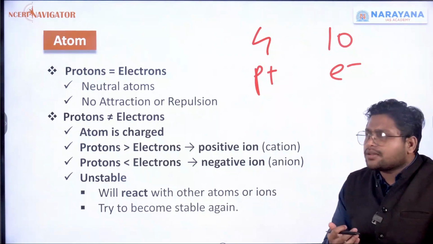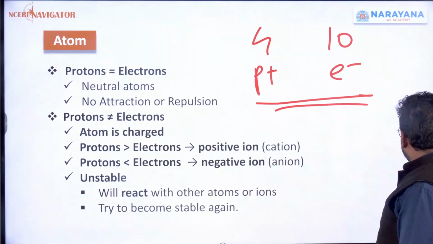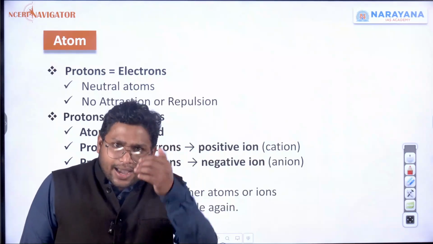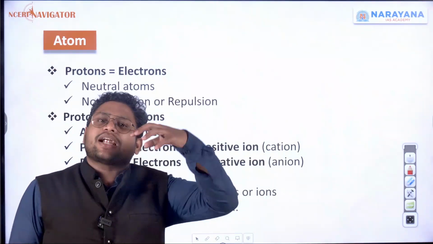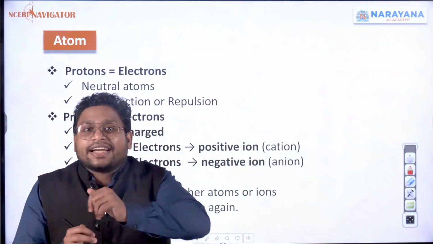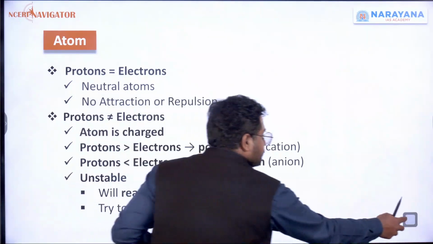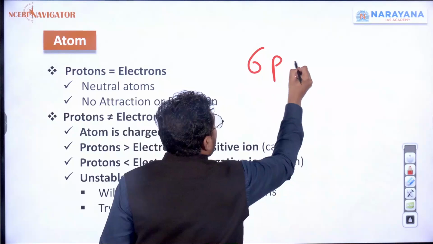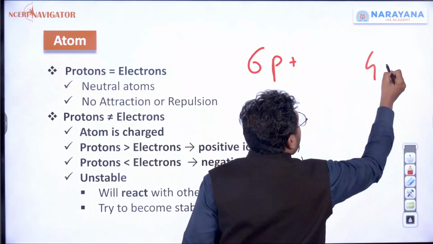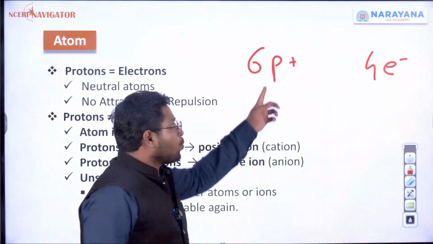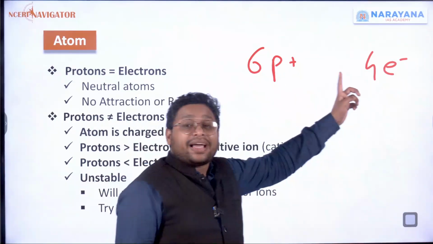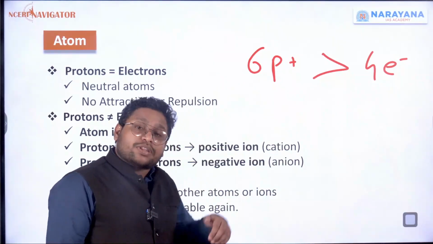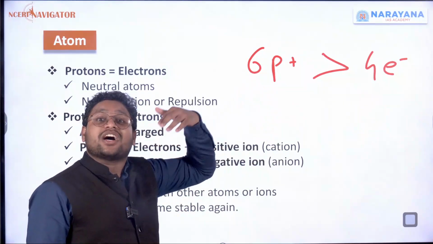But my point is, if protons and electrons are not in the same numbers, that means your atom will have an extra positive or negative charge. Simply, when we said we have 6 protons and 4 electrons, the plus charge is 6, the minus charge is 4. So protons are more, which means positive charge will be more.